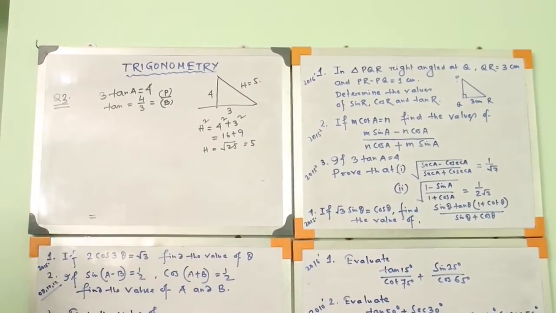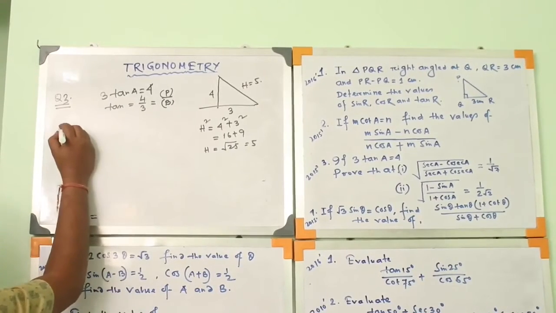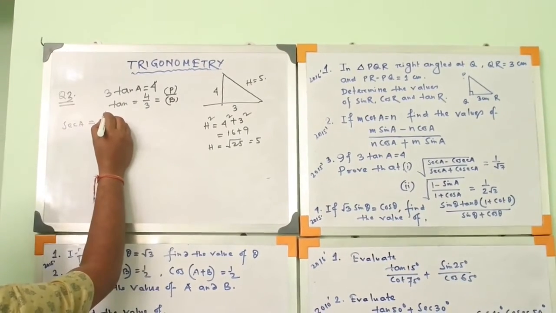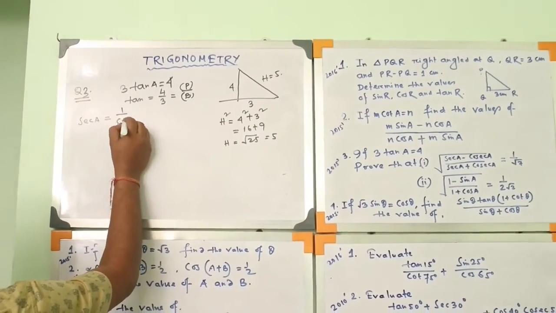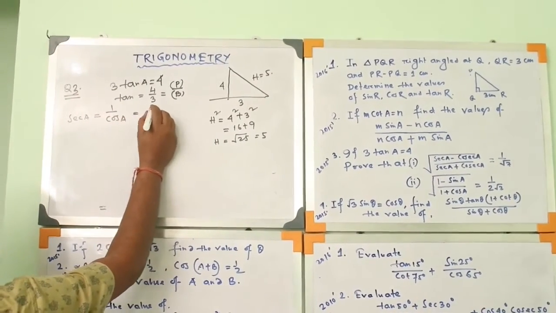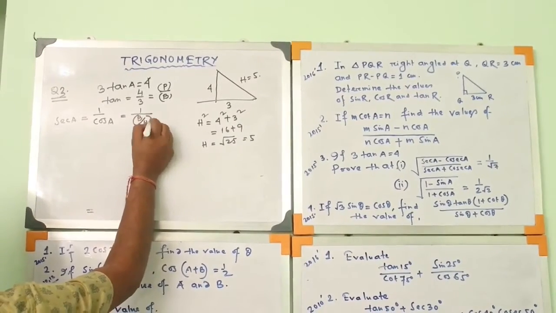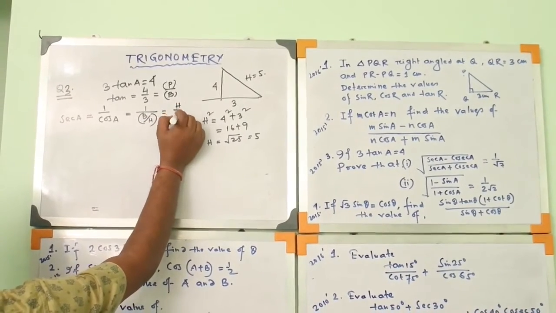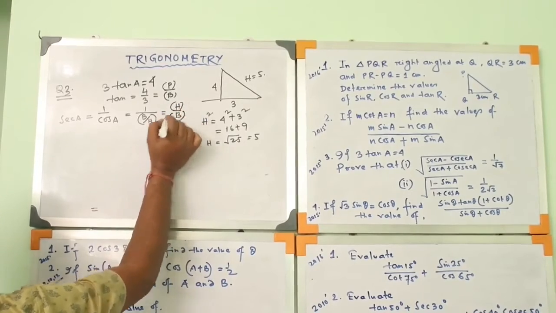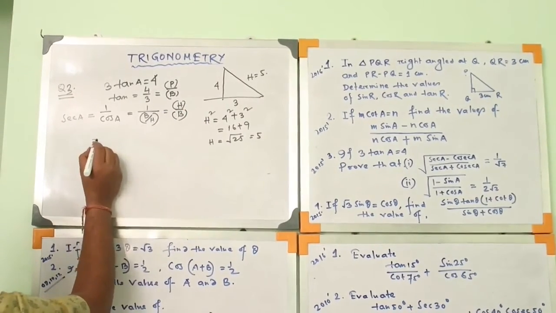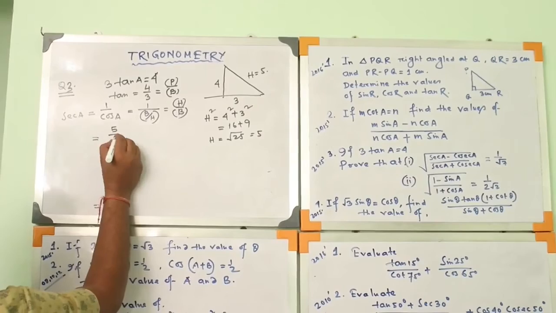So what will be the value of sec A? Value of sec A is 1 by cos A. We know cos A is equal to base by hypotenuse, so this is equal to hypotenuse by base. That means 5 by 3.